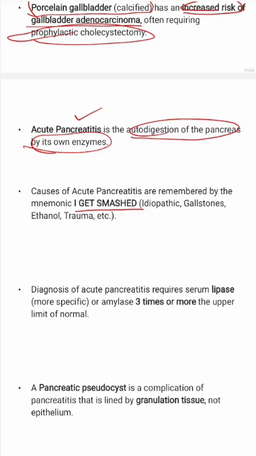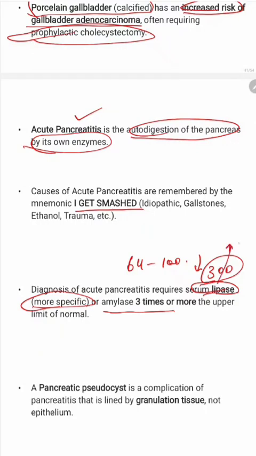Now, diagnosis of acute pancreatitis requires serum lipase, which is more specific than amylase, or amylase three times or more the upper normal limit. The normal level is, let's say, 64 to 100, so to diagnose pancreatitis it has to be above 300.